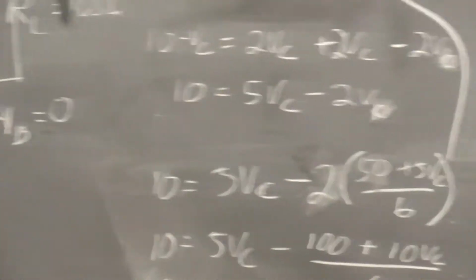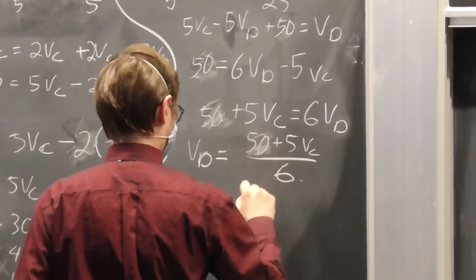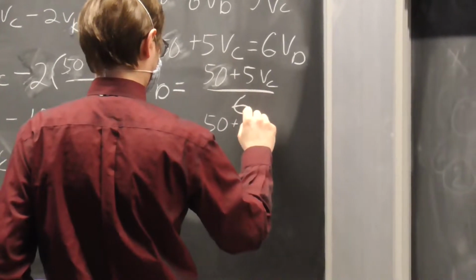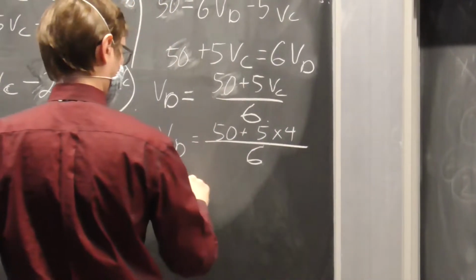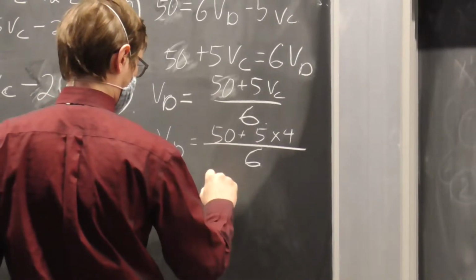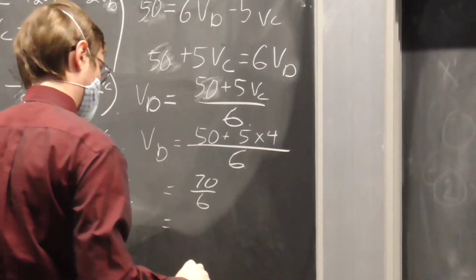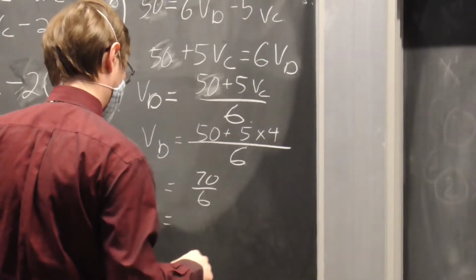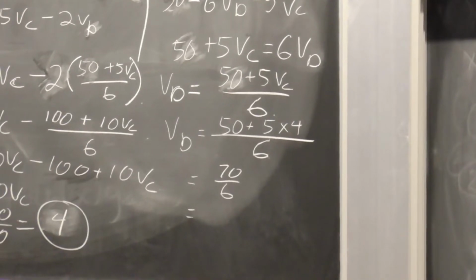Now that we have that, we can sub that in here. VD is equal to 50 plus 5 times 4 over 6 is equal to 70 over 6, which is an improper fraction, or whatever it is. Where's my calculator? Did I bring a calculator?